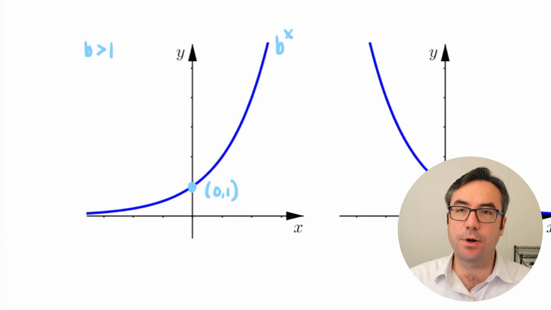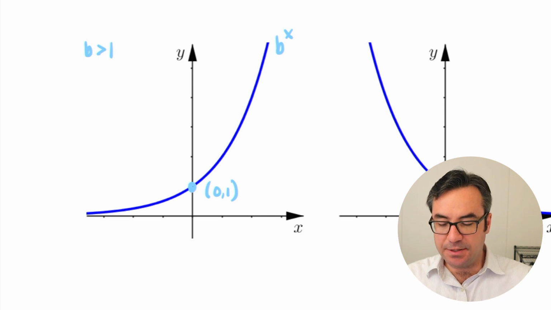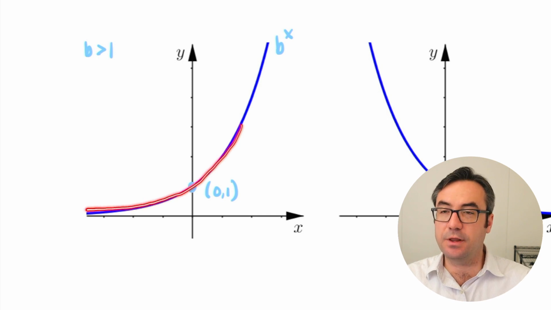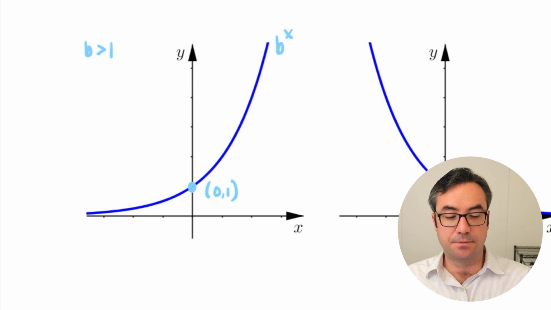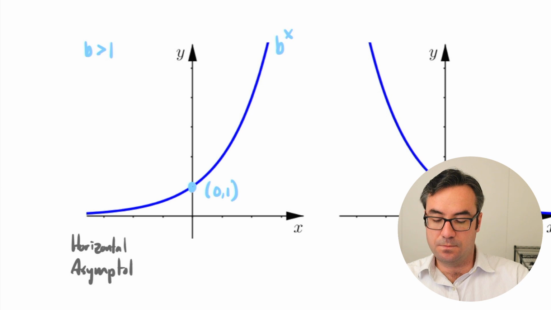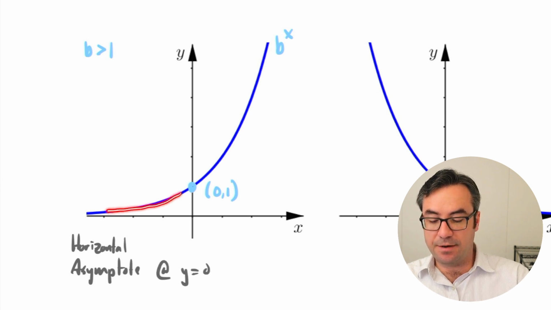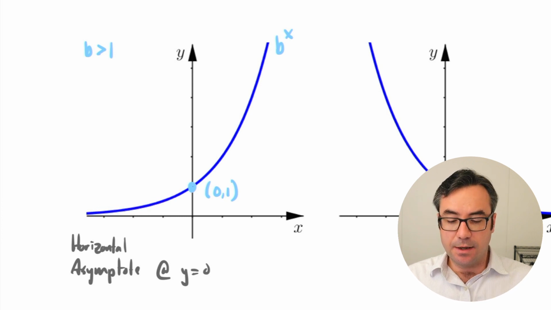And as we look further and further to the left, they have a horizontal asymptote.